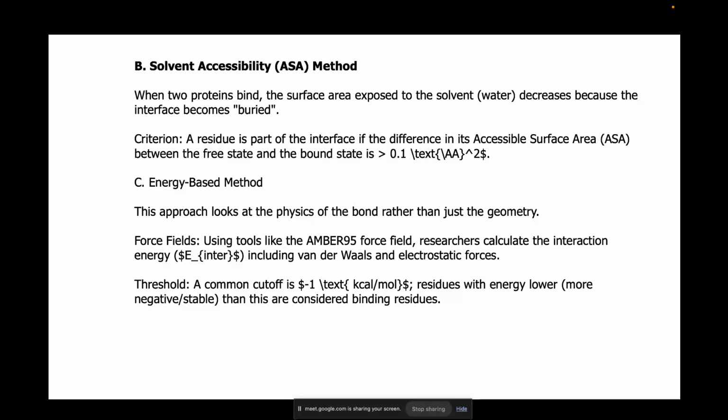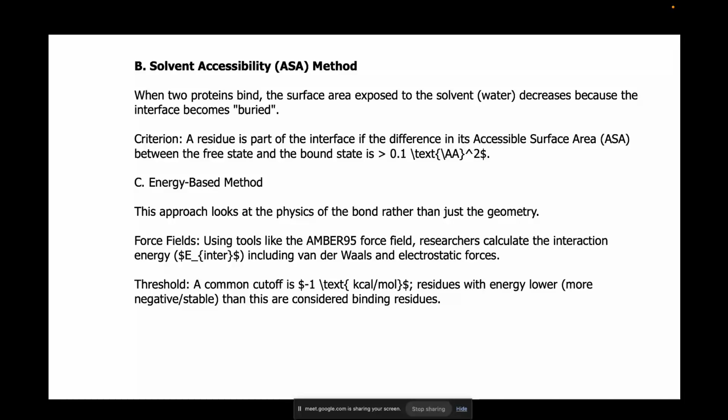A residue is part of the interface if the difference in its accessible surface area between the free state and the bound state is greater than 0.1.